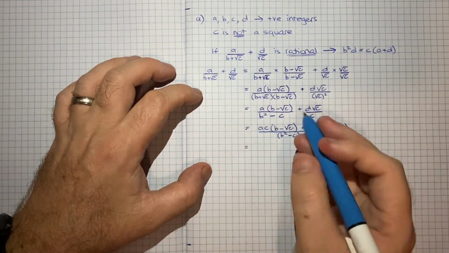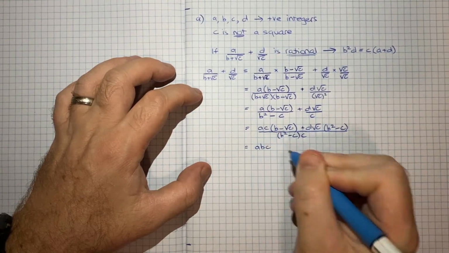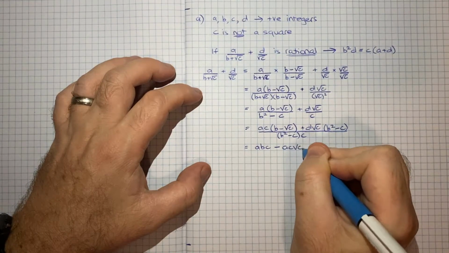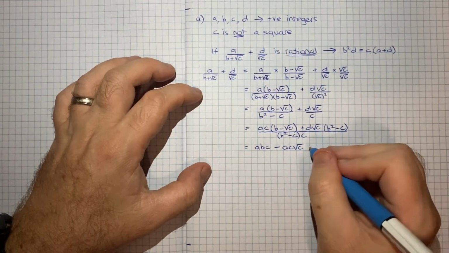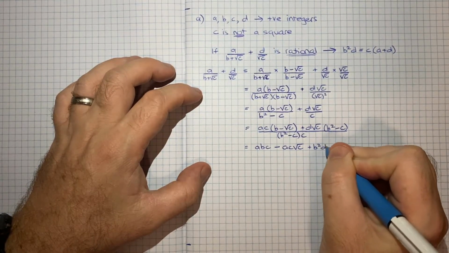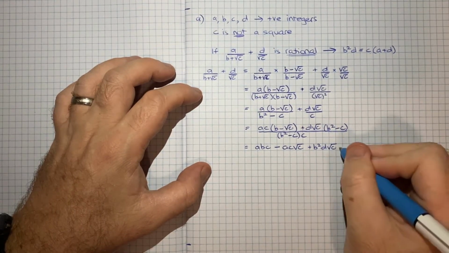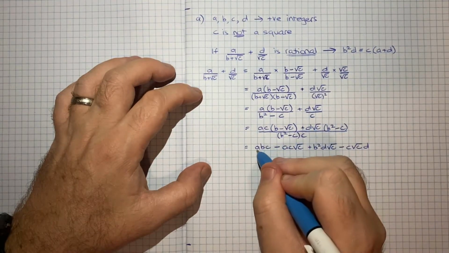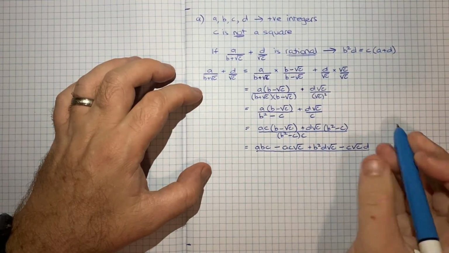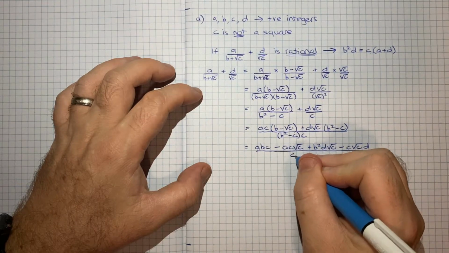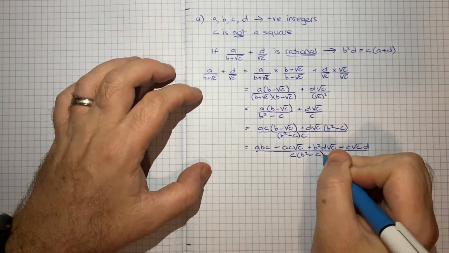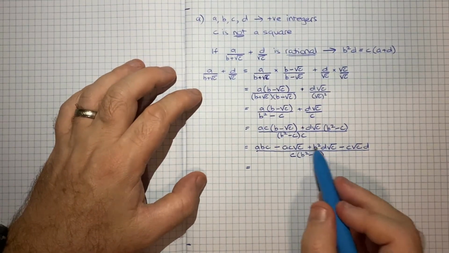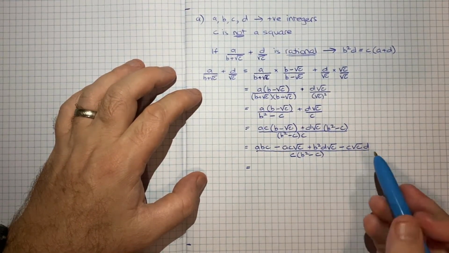So this will become abc minus ac root c plus b squared d root c minus c root c d, and all of that is divided by c bracket b squared minus c. I think there's a common factor here that I'll factorize.